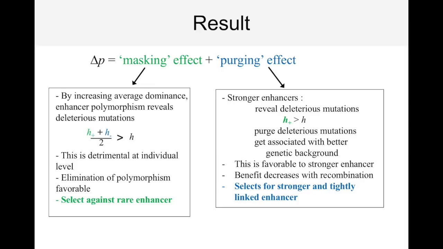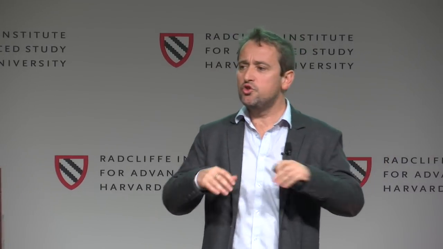The masking effect is always a bad thing, so it's always a bad thing to have a new cis-regulator in the population because it increases average dominance. Deleterious mutations are more exposed, more visible to selection. It reduces mean fitness of individuals.